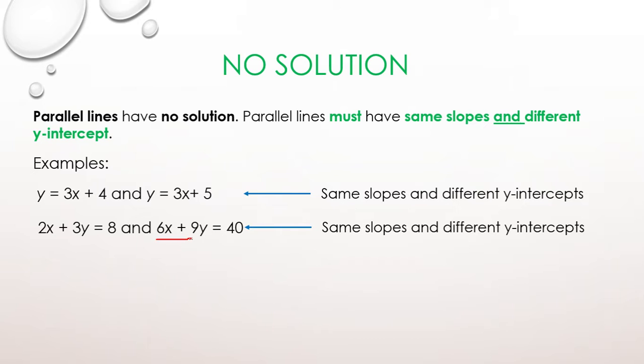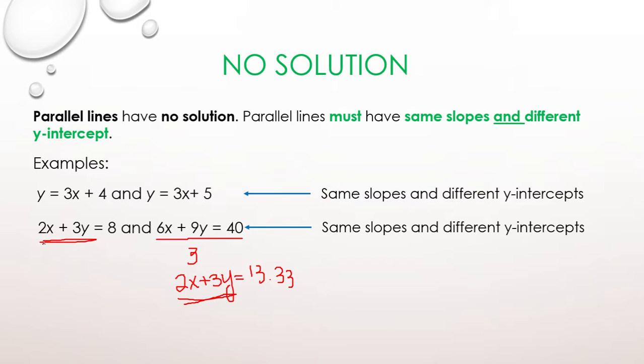So if you were to divide this whole thing by 3, you would have 2x right here plus 3y, but the y-intercept is going to be 13.333, something like that. And as you can tell, the coefficients, this is how you know if the slope would be different or not.